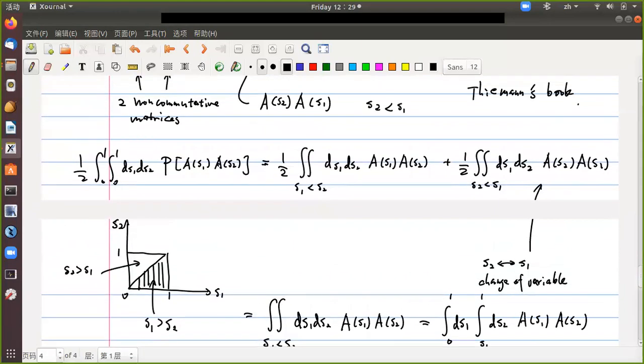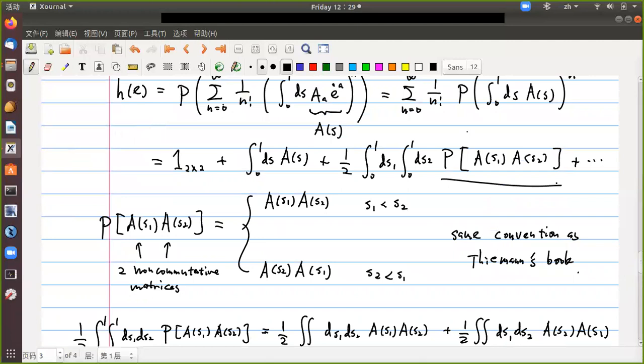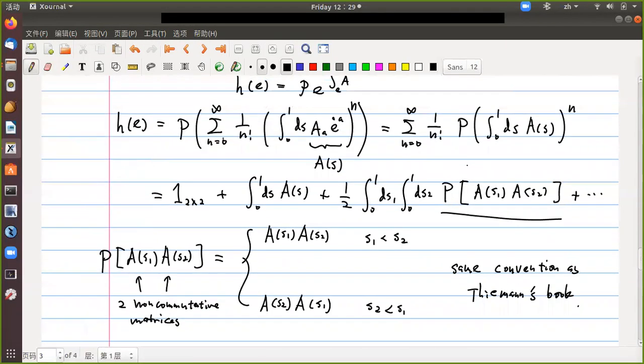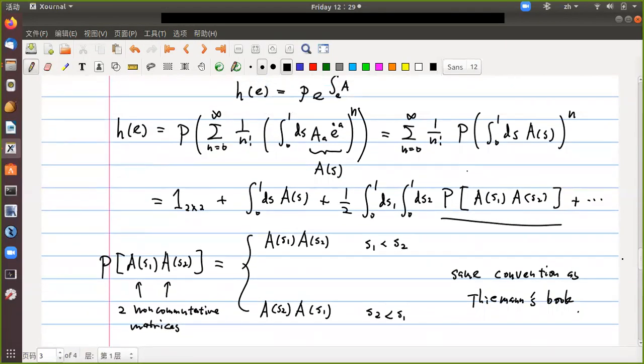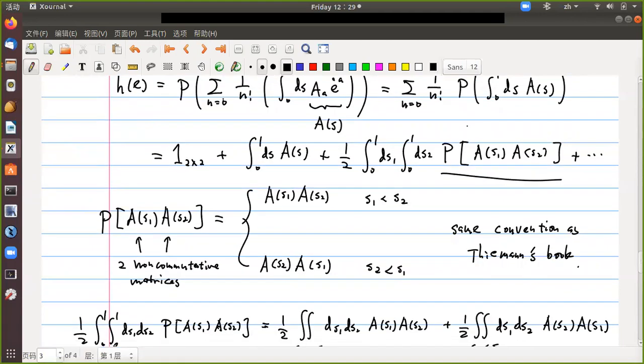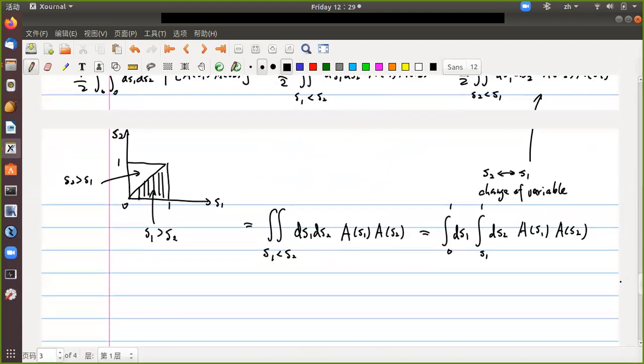So now you see explicitly the second term in the holonomy when you expand the holonomy into a polynomial of integrals.